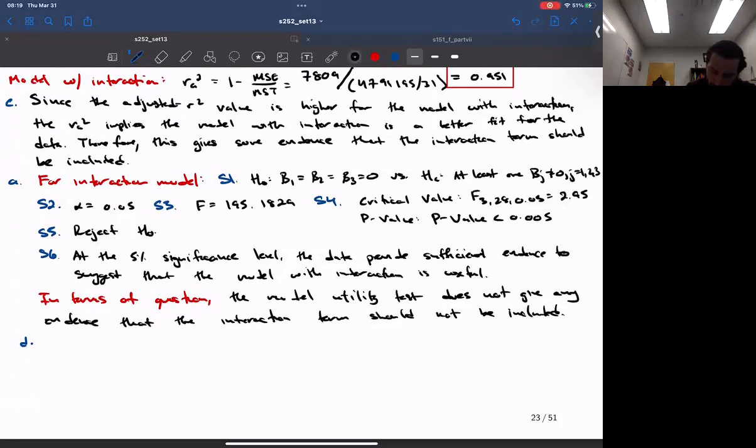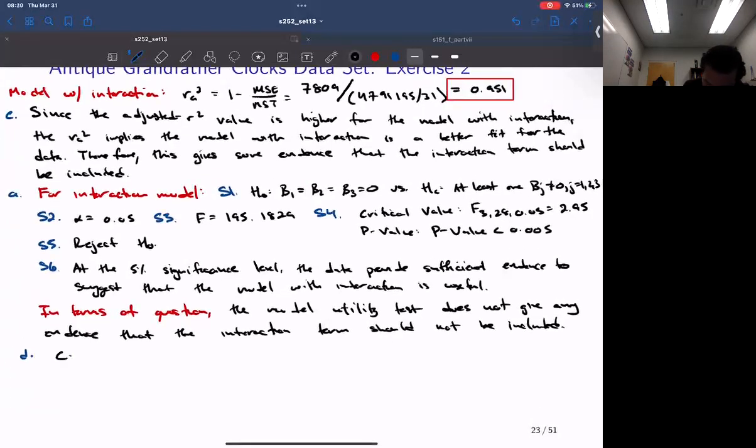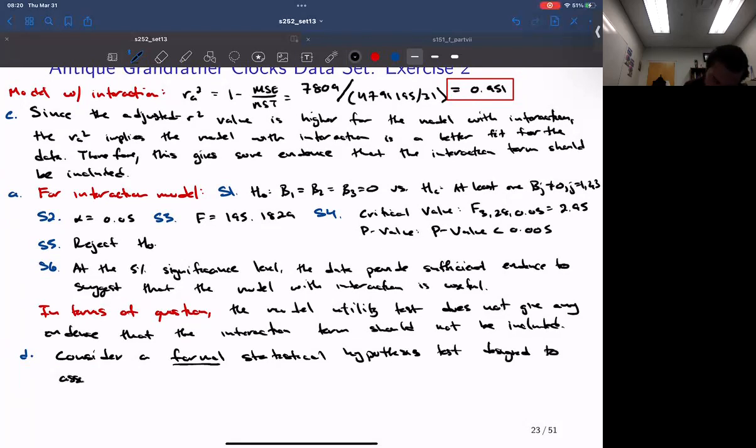Well, what we can do is consider a formal statistical hypothesis test designed to assess additional terms in statistical models.